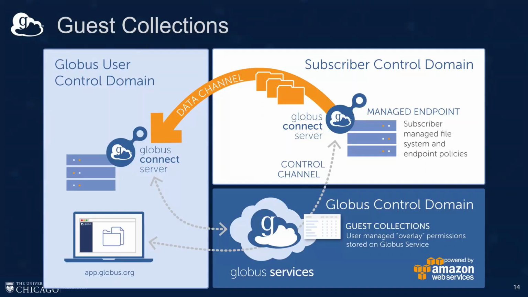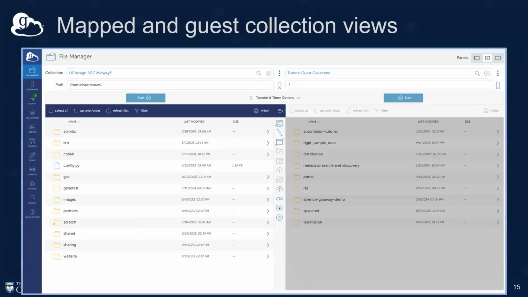How do mapped and guest collection views differ? Well, they really don't. It's the same. You may infer something from the path. For example, notice this looks like home, some user. That's a mapped collection on the University of Chicago Midway cluster, and someone logged in and they are in their home directory. The other side is a guest collection.